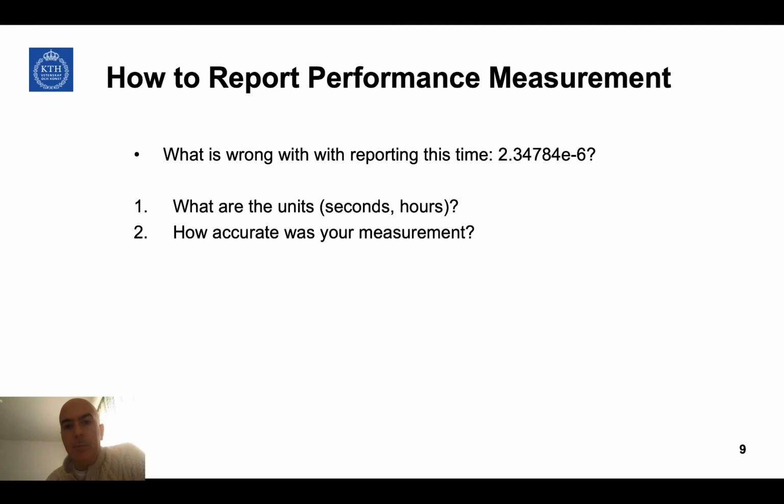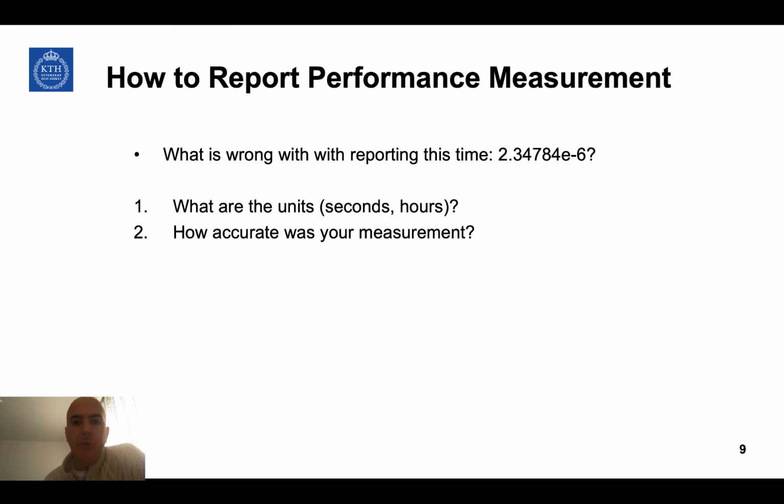So always remember to put the unit. And second, this measurement is also affected by an error. So the major question is how accurate is your measurement. So you need to report what is the error of this measurement.